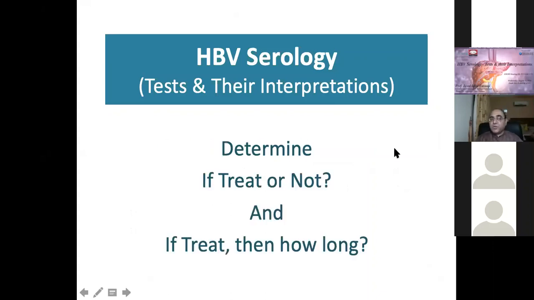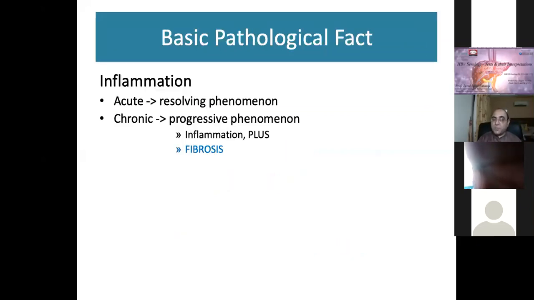These are important because these tests determine whether or not to treat any particular patient with chronic hepatitis B, and if we treat, then for how long. So these are very important and basic determining factors in the clinical practice of treating chronic hepatitis B patients, and probably this is the reason that this has been given a separate topic.